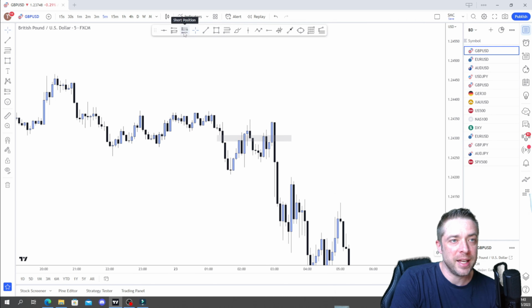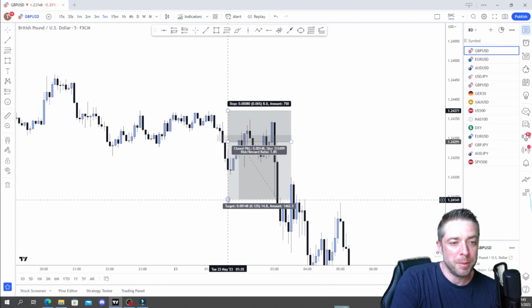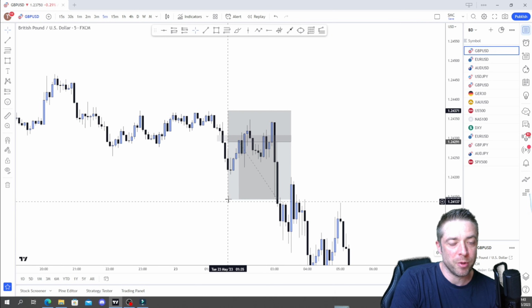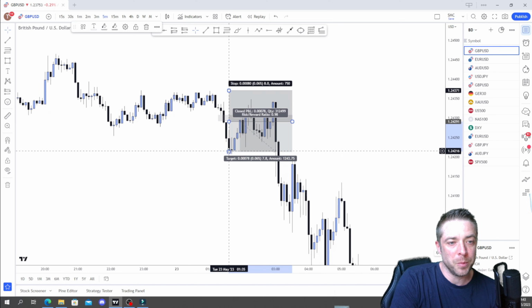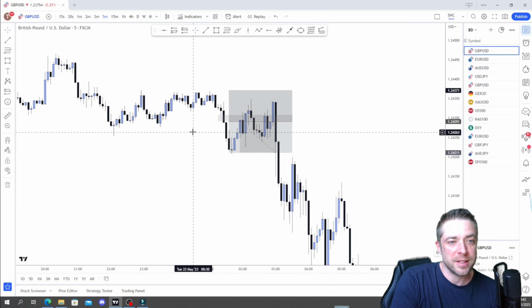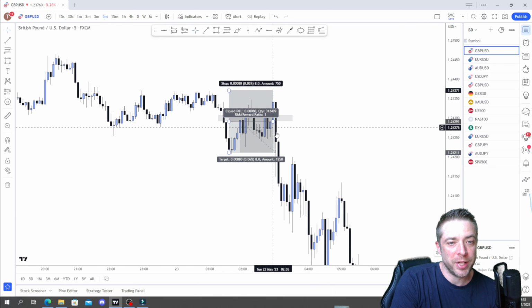We could enter here for a short, with a stop close above the top, which would be sort of there, because that's the top of these, and we'd be looking for a 1-to-1. So we go to 1-to-1 there, and let's have a look. Price goes down, comes back, hits the inefficiency there, and sells off. That's a winner.